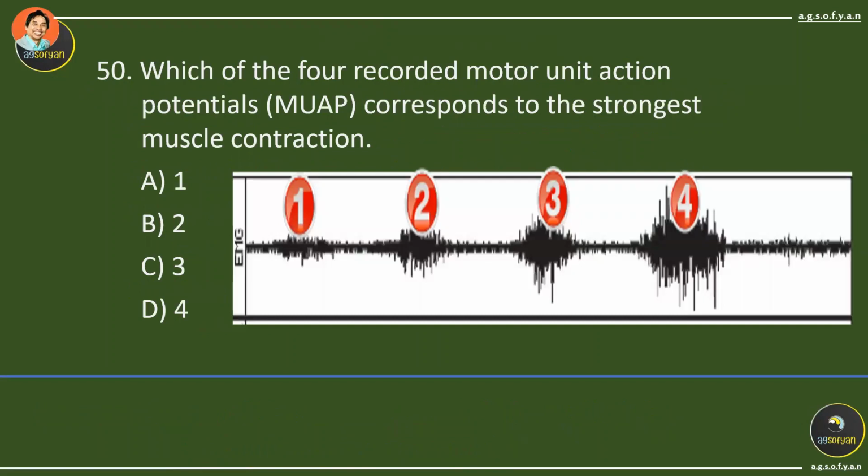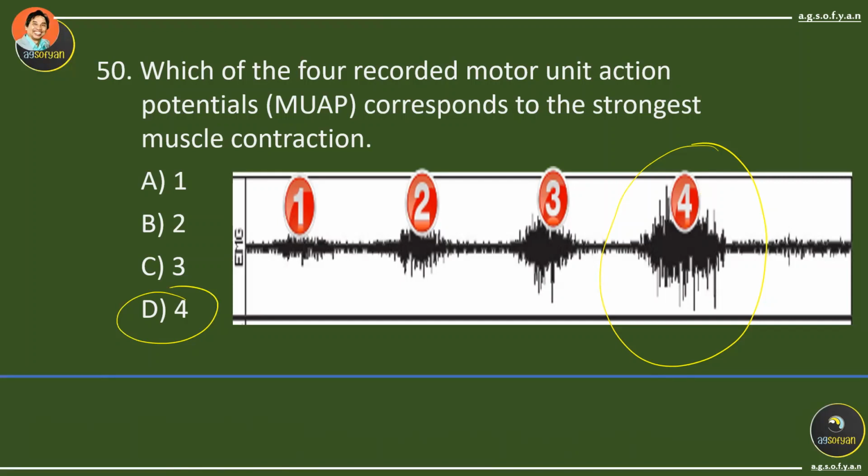Now look at this one. Which of the four recorded motor unit action potentials, or MUAPs, corresponds to the strongest muscle contraction? Which one is going to be? This would be easy to guess because this is a stronger graph that shows the strongest muscle contraction.